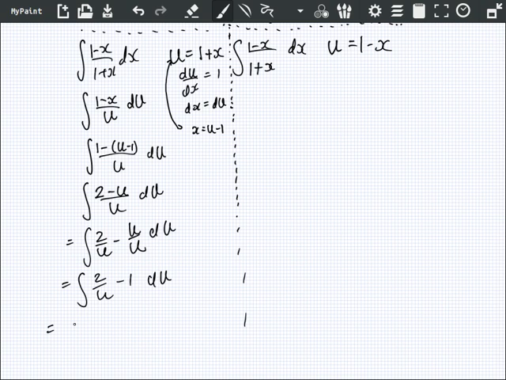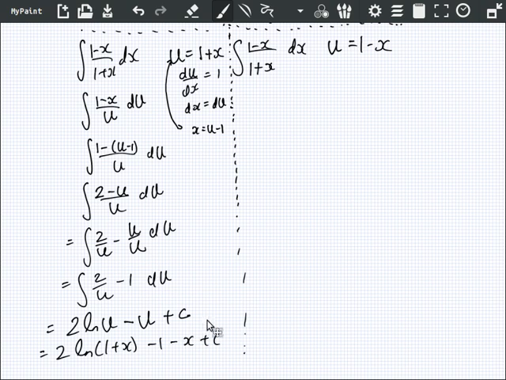What does 2 over u become? 2 log u. Next? Half constant. Minus u plus c. That's 2 log 1 plus x minus 1 minus x plus c.